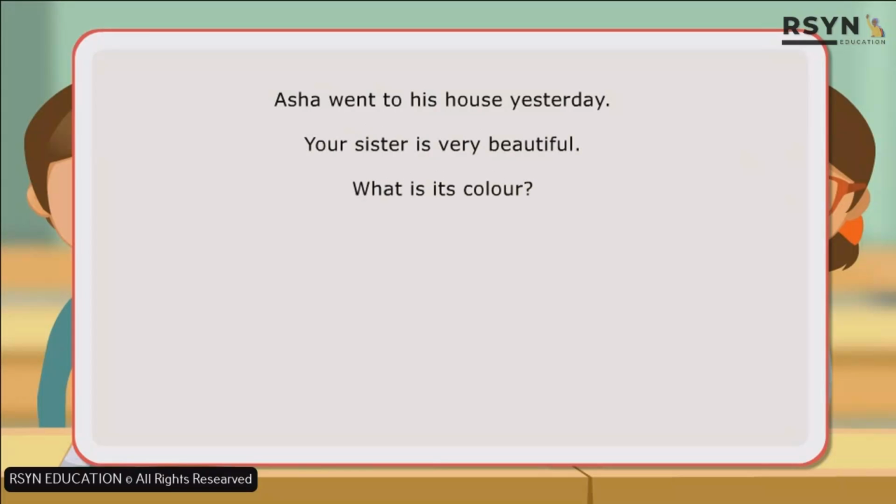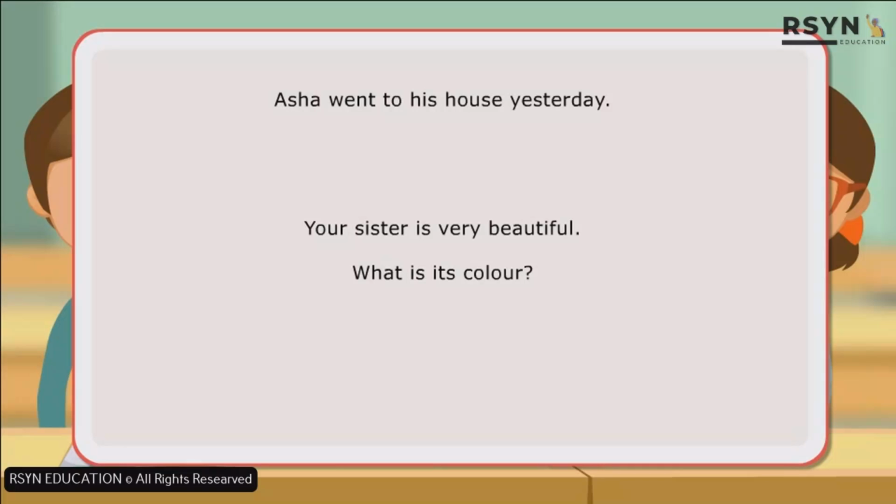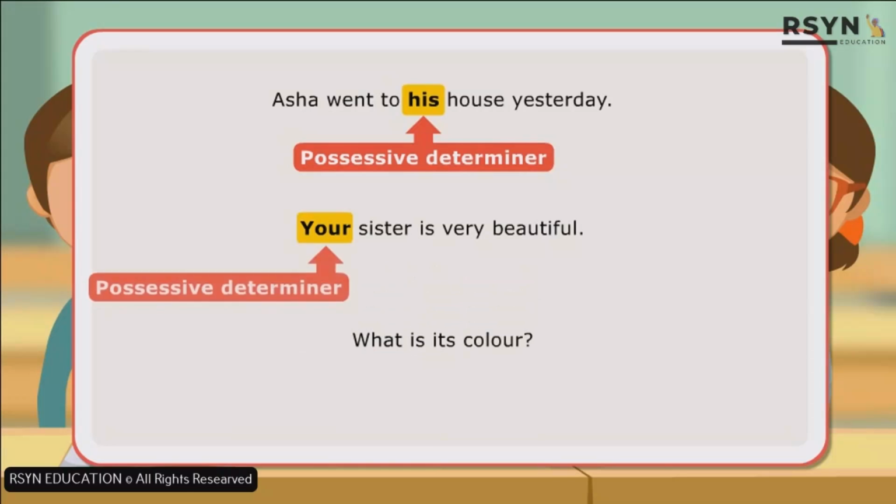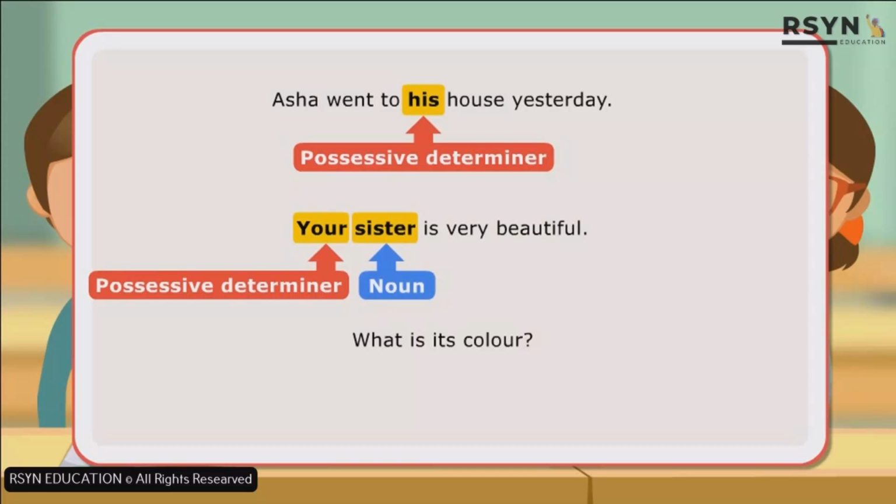What is its color? In the first sentence, his is a possessive determiner since it shows possession of the house by someone specific. In the next sentence, your is a possessive determiner since it precedes a noun and shows possession.